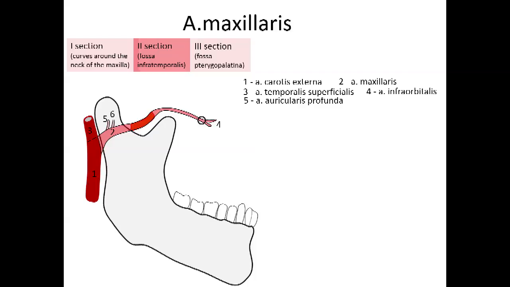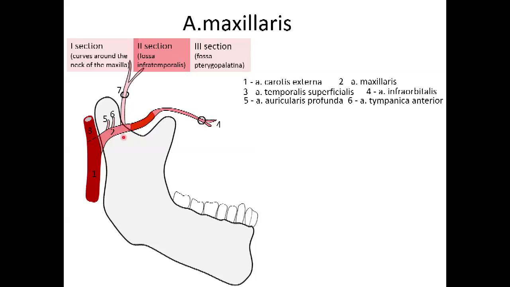And then number 6, parallel to it, is arteria tympanica anterior. It also passes inside the temporal bone. So these two vessels are neighboring each other and are quite small. It's quite difficult to demonstrate them on the specimen.